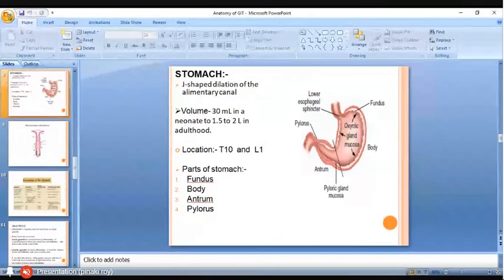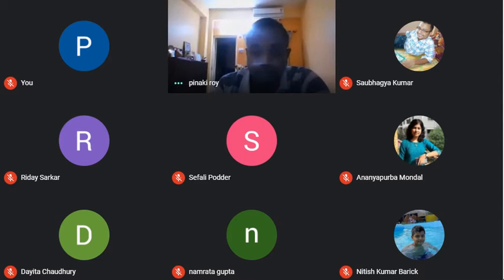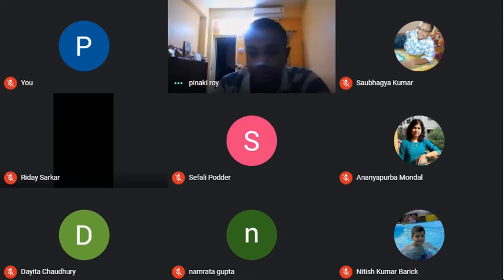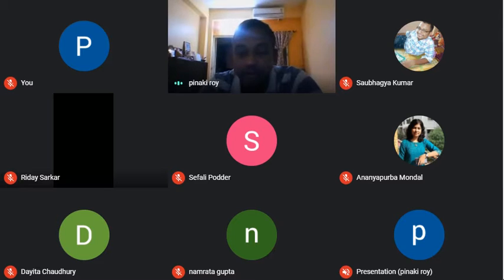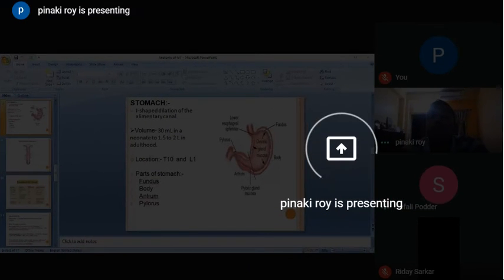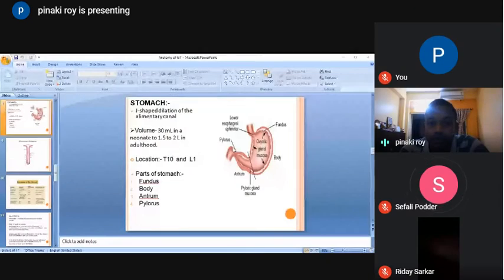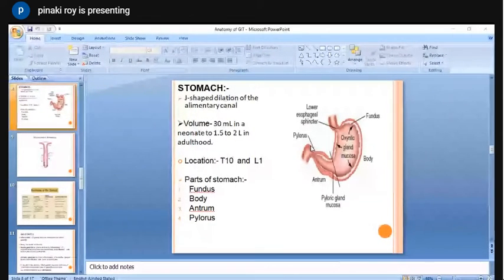It will be very good if possibly the stomach part is visible, no? Yes, sir. So it has four parts. That is the fundus, body, antrum, and pylorus.